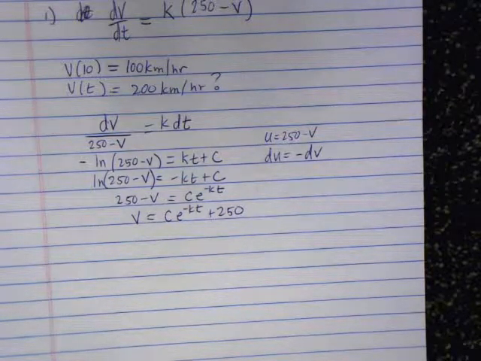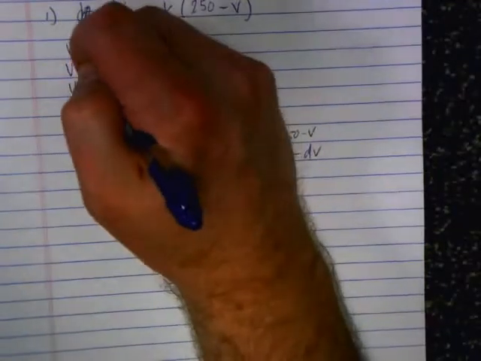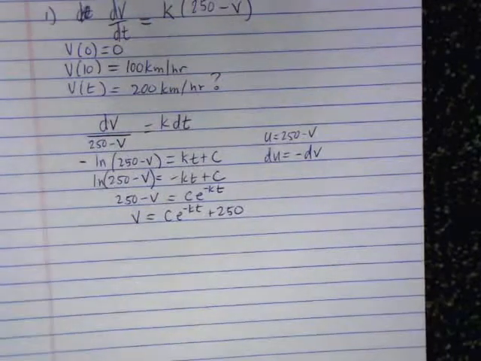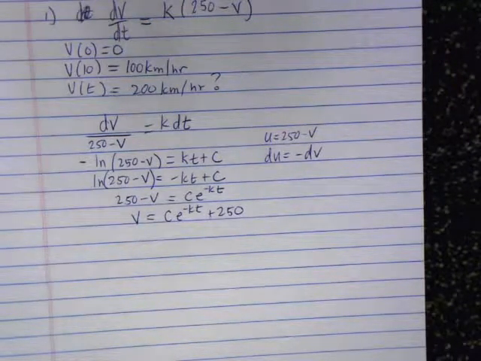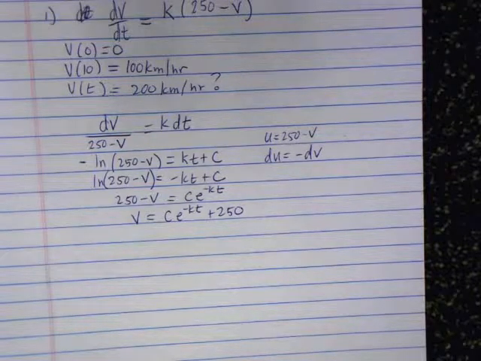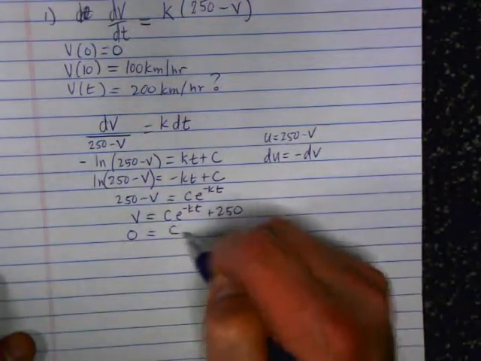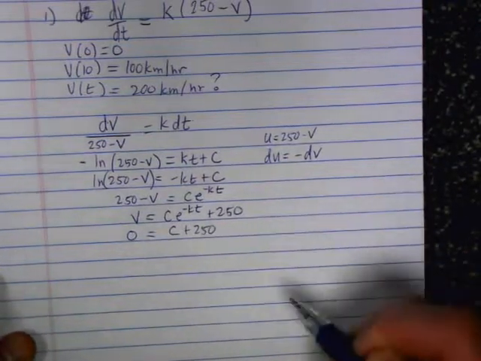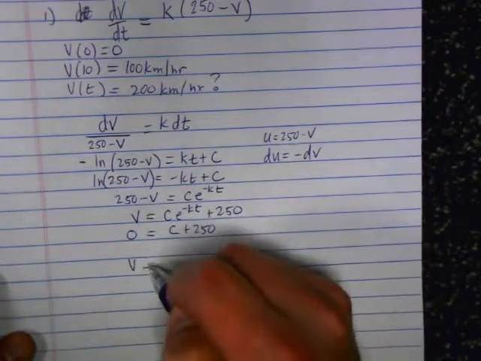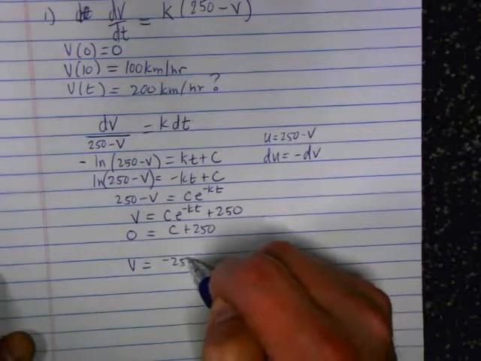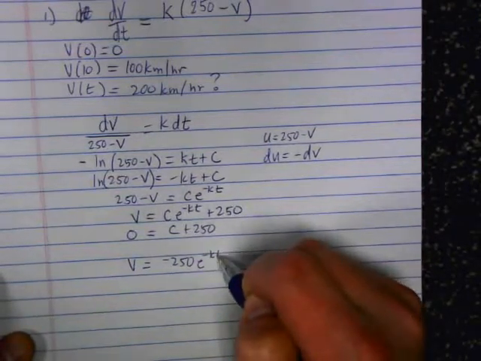If we plug in 0 for t, what's our initial velocity? 0, because it told us we were starting from rest. So we actually need another initial condition: v at 0 is 0. So I think I'll start with that one. When I plug in 0, I get 0 equals c plus 250. So v is minus 250 e to the minus kt plus 250.